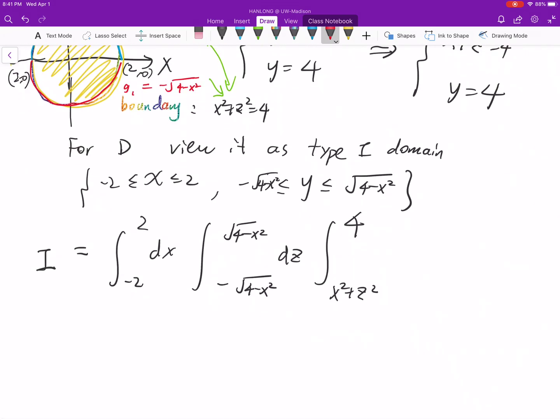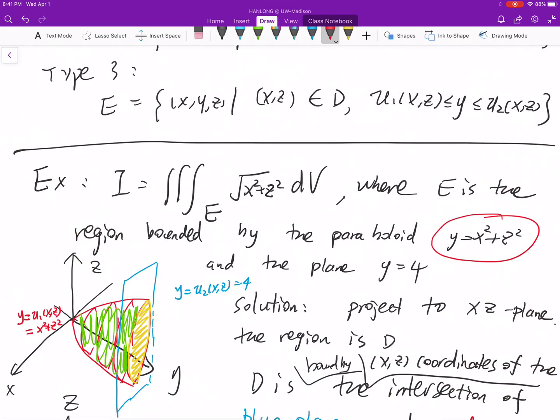Okay, then D is given by this, and let's call this E.